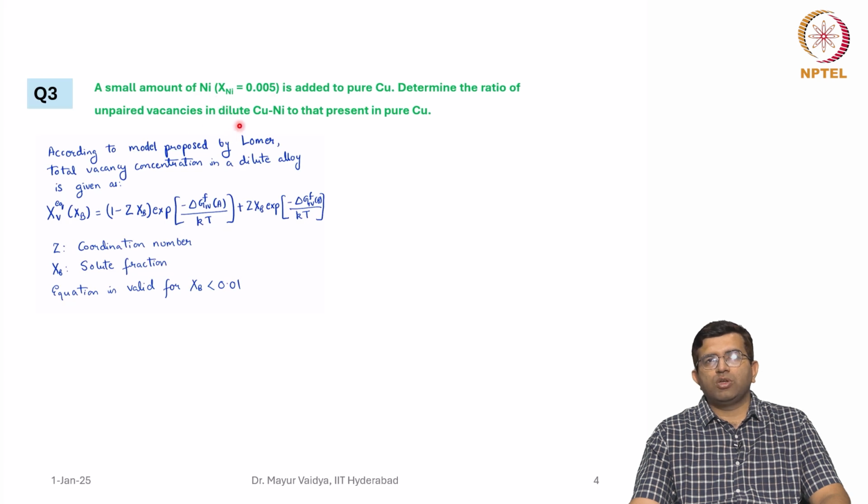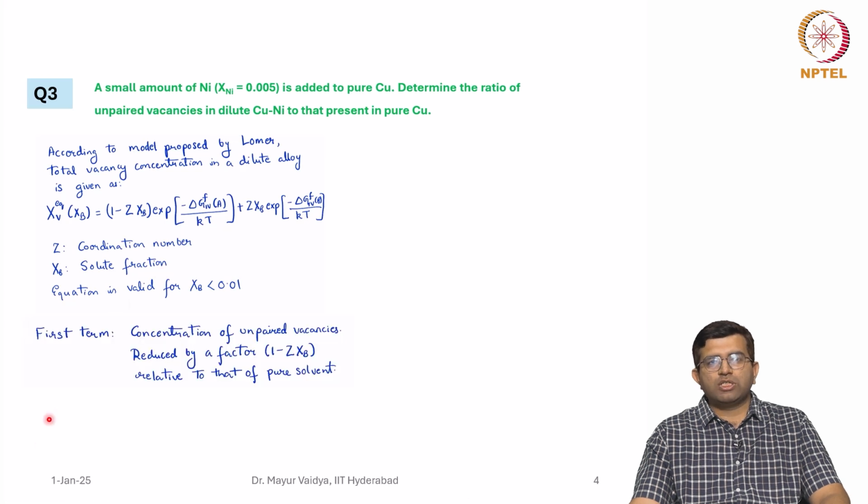So, this is a dilute alloy, and the vacancy concentration is given by (1 minus Z X_B) times exponential of minus delta G_F of monovacancy formation divided by kT, plus Z X_B times exponential of minus delta G_F of B by kT, where Z is the coordination number and X_B is the solute fraction.